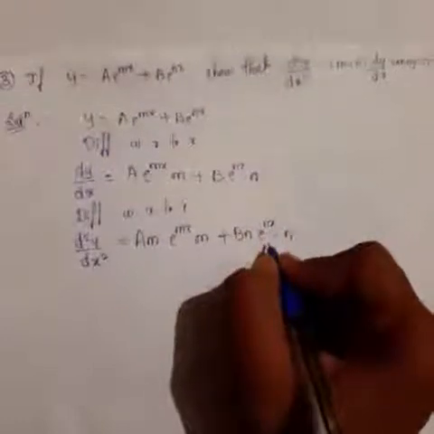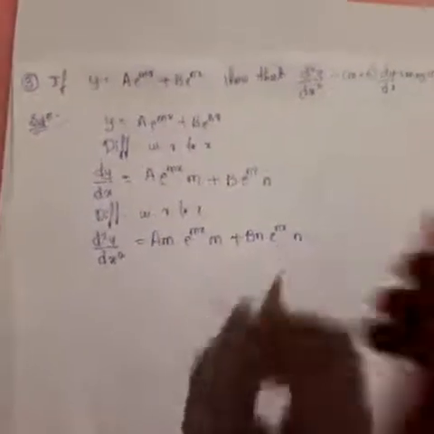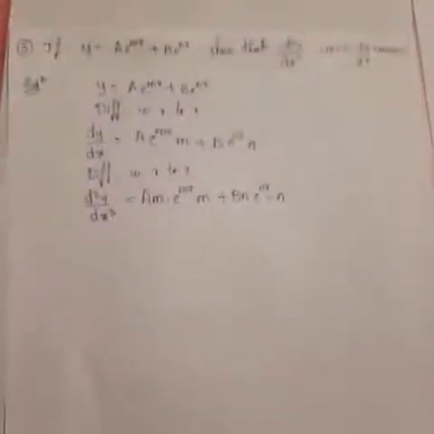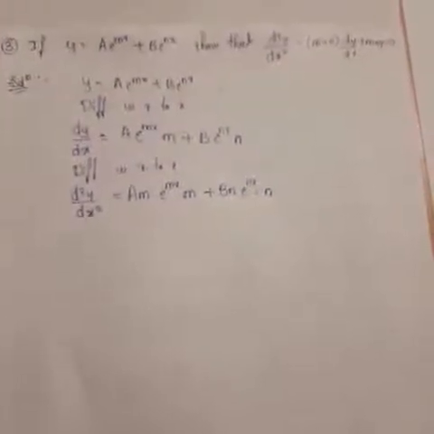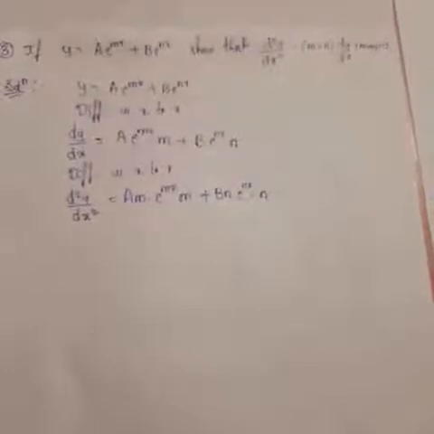We have to multiply by this small n, and you will get d square y by dx square. Again we have to consider the LHS part. LHS part is what here? d square y by dx square minus m plus n dy by dx plus mn y.